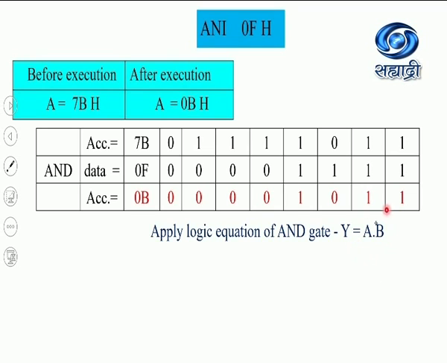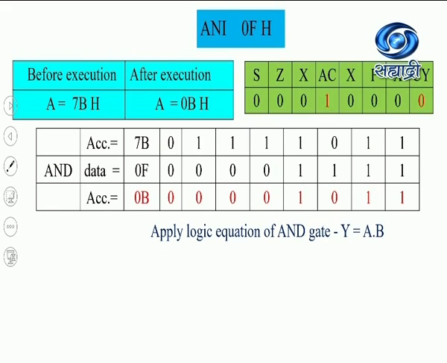We have to apply the same logic equation to the corresponding bits of accumulator and data. 1.1 is 1, 1.1 is 1, 0.1 is 0, 1.1 is 1, and 1.0 is 0, 0.0 is 0, answer is 0. So after performing logical AND operation, accumulator contains 0 and this is B. So result 0B is stored in accumulator.